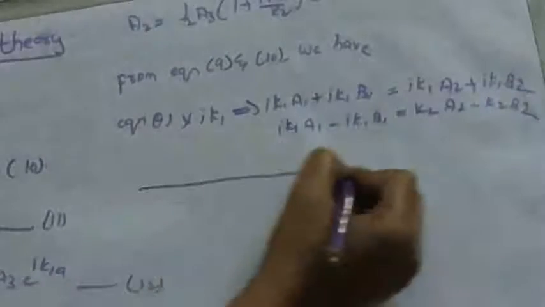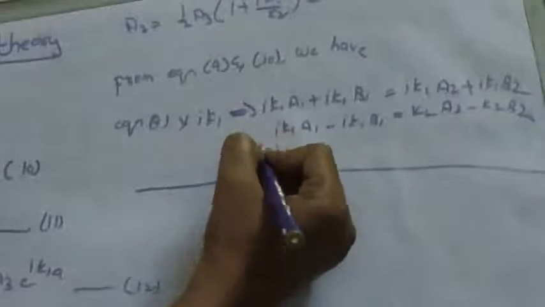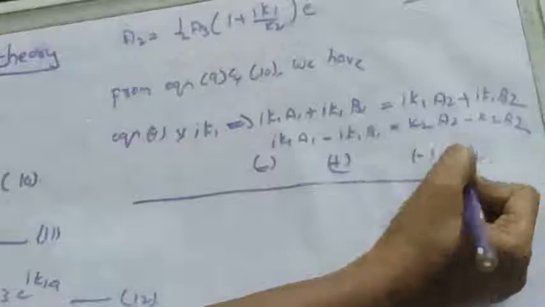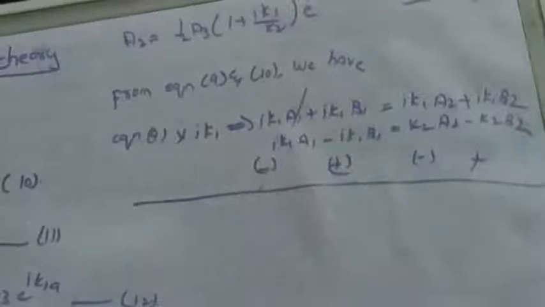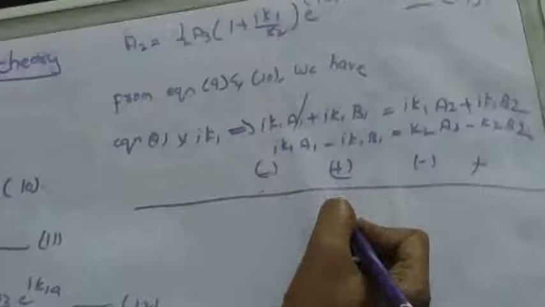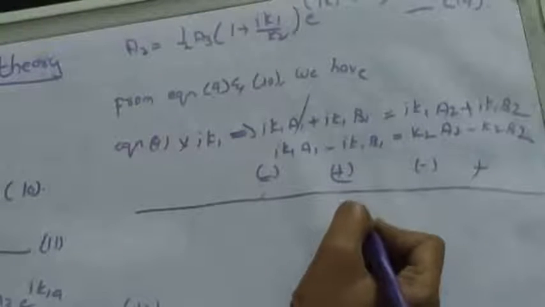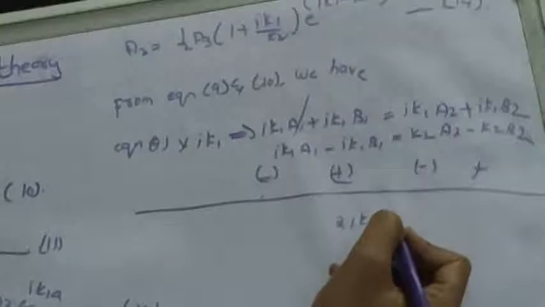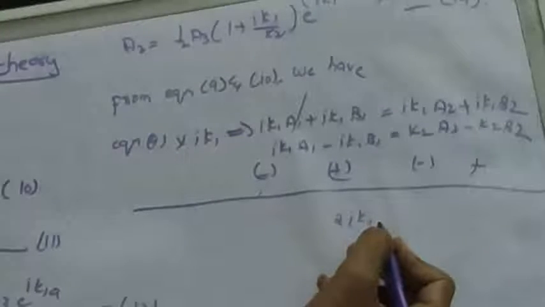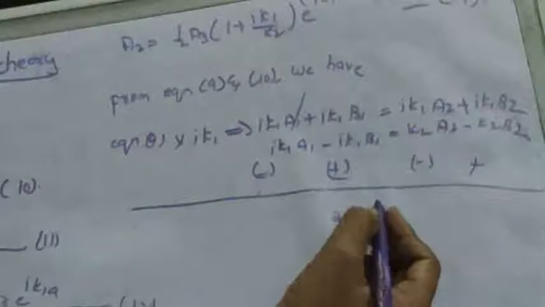Now subtract. As it is a plus term, it becomes minus, and as it is a minus term, it becomes plus. Here minus and plus get cancelled. And what are the remaining terms? 2ik1 B1.